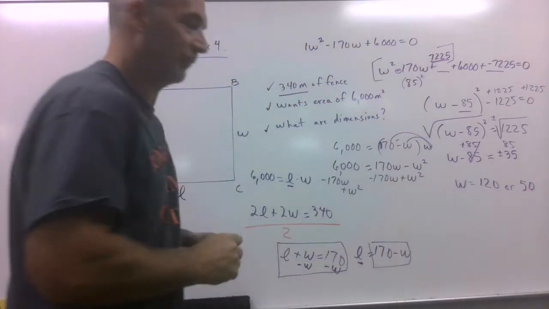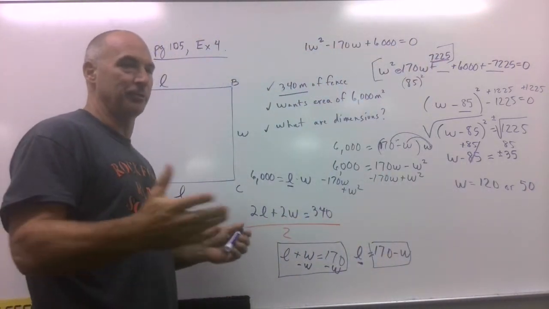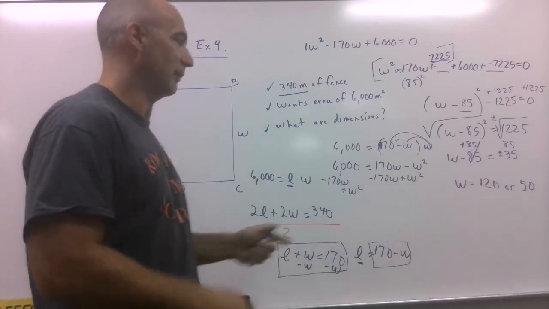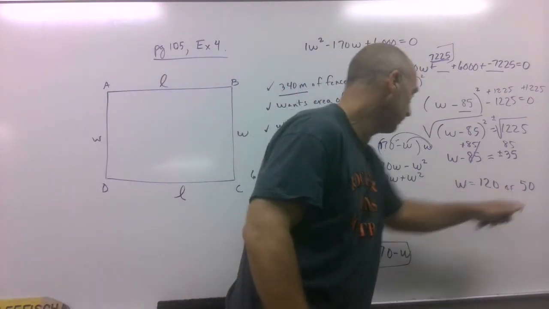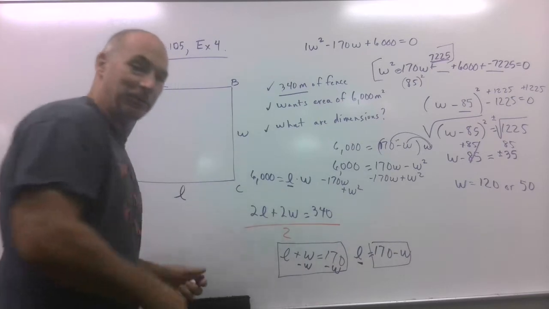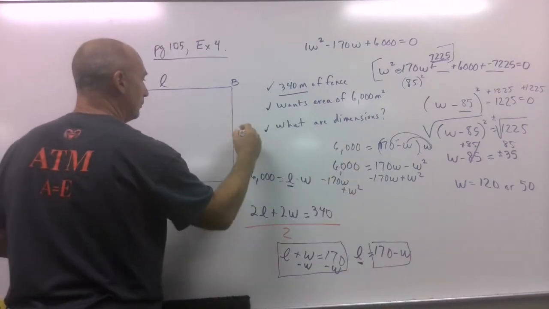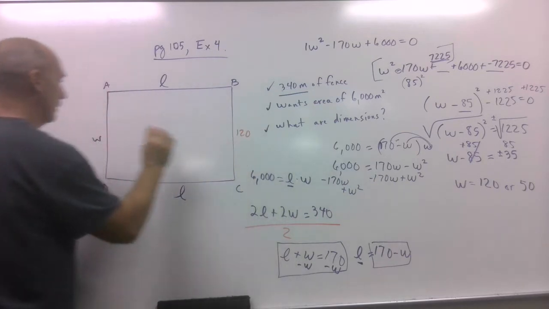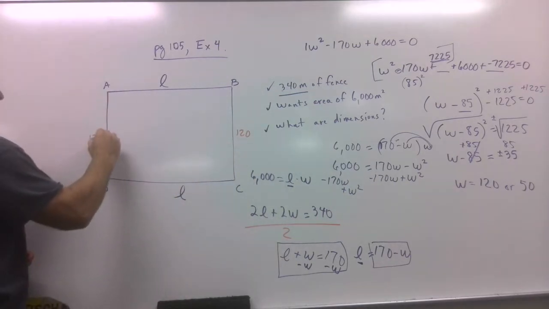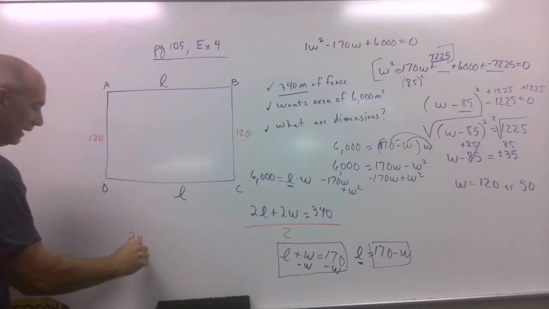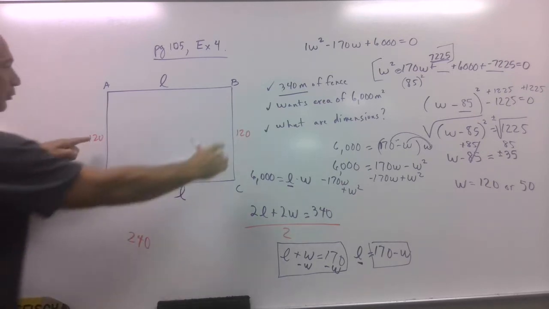Now it asks for the possible dimensions. So we have two possibilities for our w. If we take the first possibility, where w equals 120, and I put that in here and here, that's 240 that I've used.